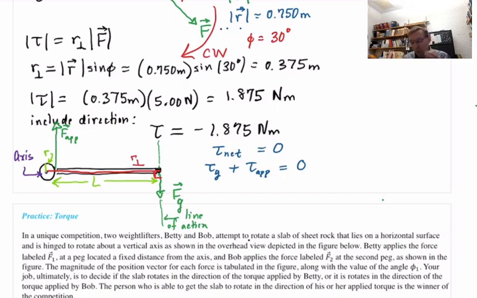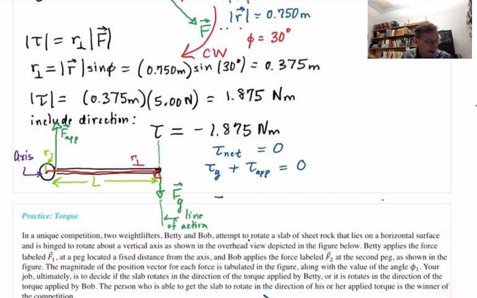Think about where F grav is acting, which way it is pulling, and where the axis is. Considering F grav alone, which way would it cause the stick to rotate as we look at this picture? Clockwise or counterclockwise? Right? It would be clockwise. That's a negative torque.